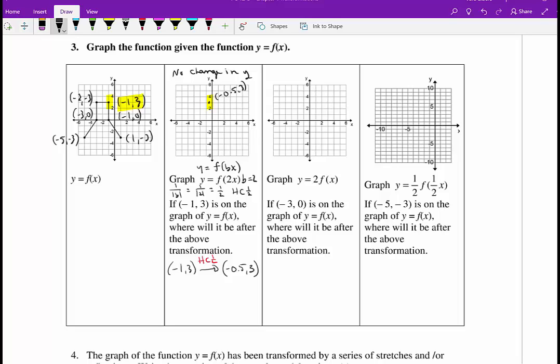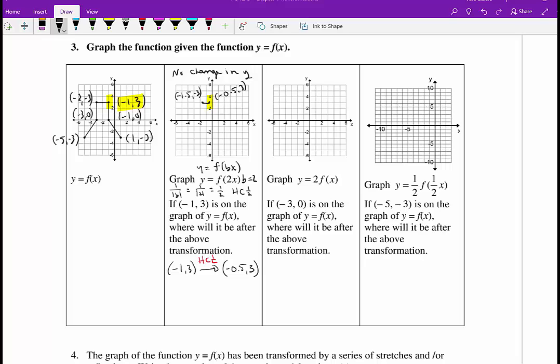Okay, so if we take the point negative 3 and negative 3, which is 3 units away from the y-axis, it now becomes 1.5 units away from the y-axis, and so the new point would be negative 1.5 and negative 3. Okay, all right, that's the top part. And if you take a look at the points that are on the x-axis, they will also become half that distance.